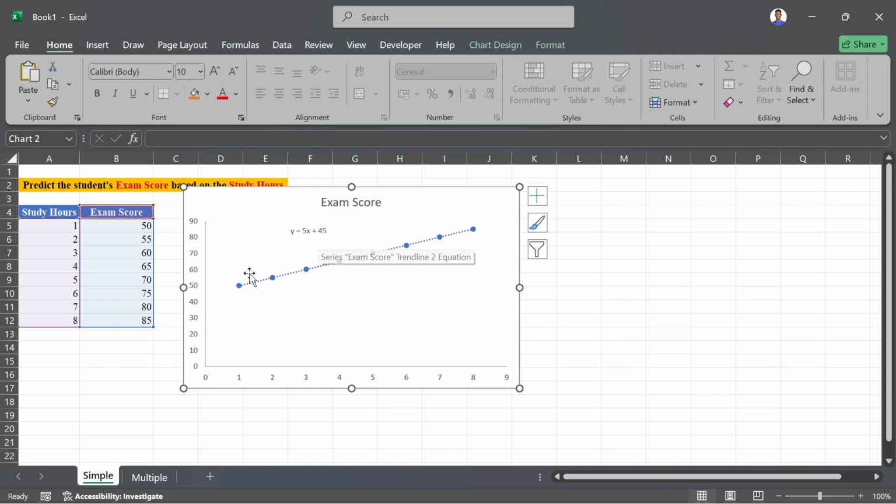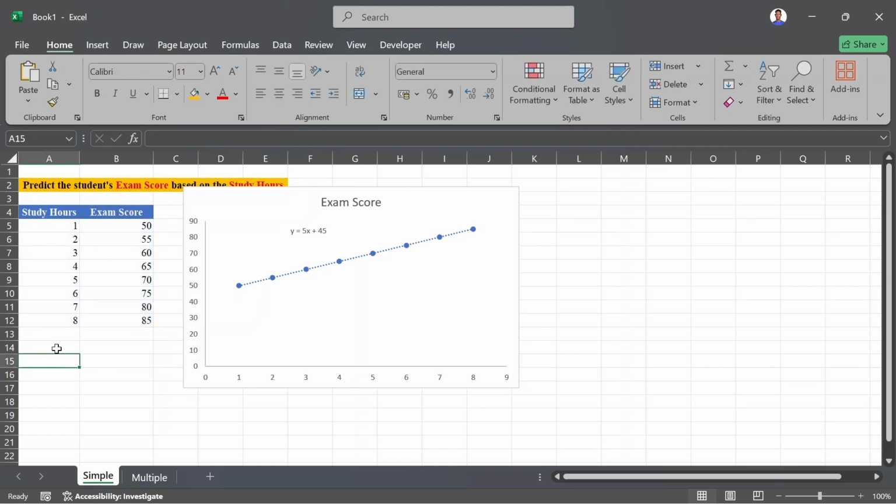Now, this is the equation given to us, so we can use it to predict anything at all. So let's say that if the student has studied for, let's say, 9 hours or 10 hours, then we can use this to predict it. So over here, when you compare with the regression equation, you realize that y predicted is equal to beta naught plus beta 1 x.